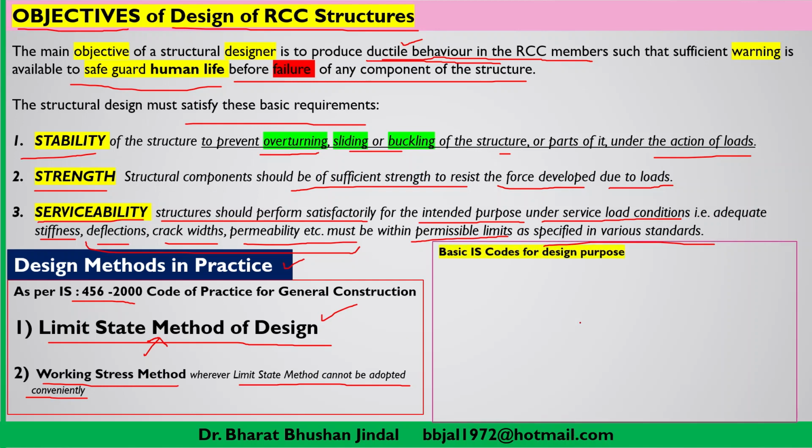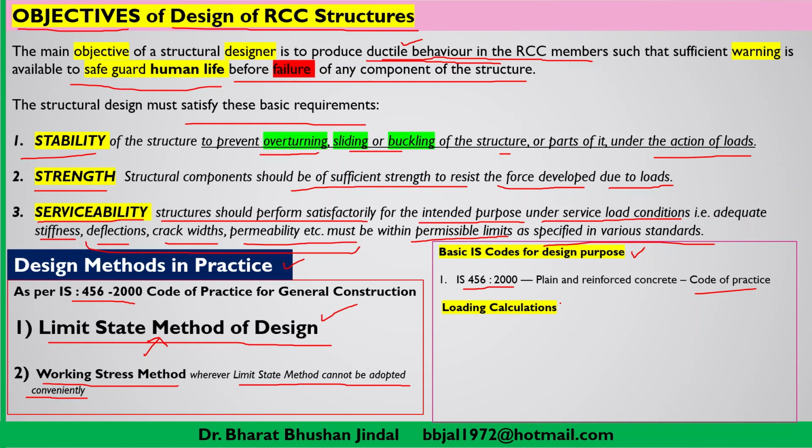Now, some basic codes which you have to keep with you when you are going to design. First of all, we know that it is IS 456, 2000 version, Plain and Reinforced Concrete Code of Practice. Now, how to estimate the various types of loads which can occur? That means how to assume the loads.